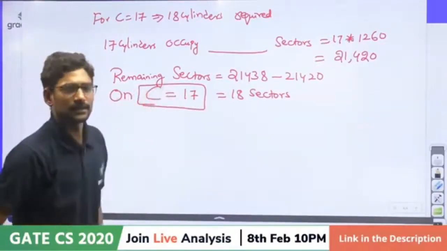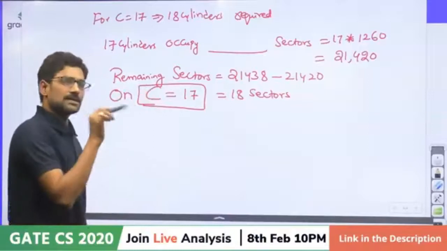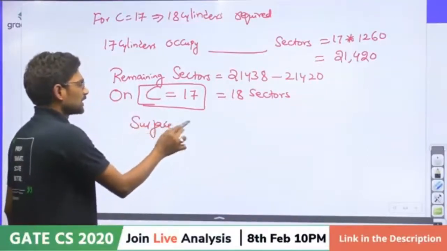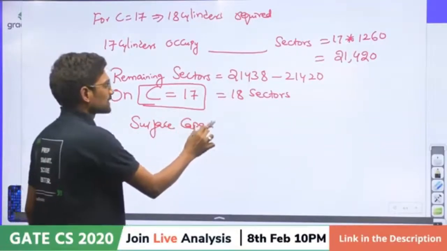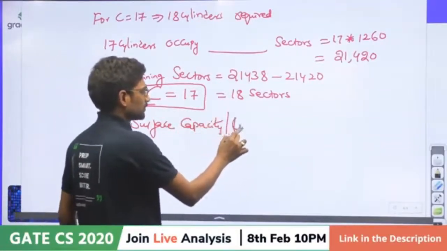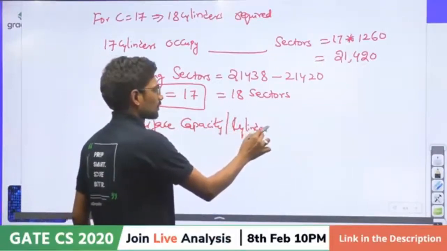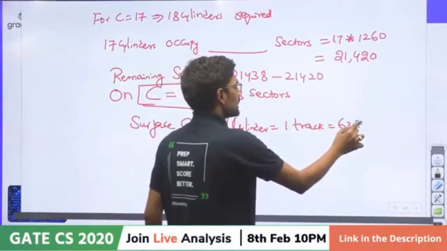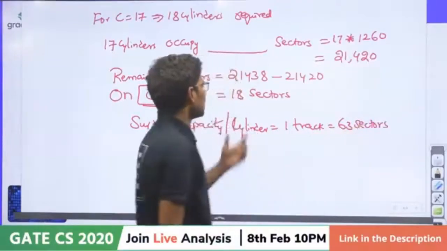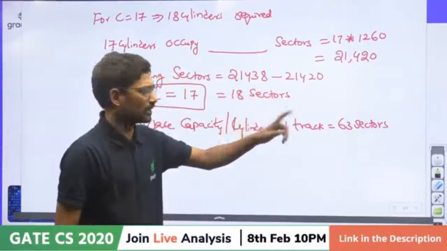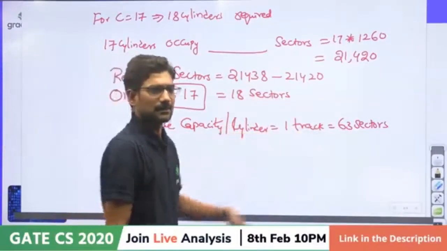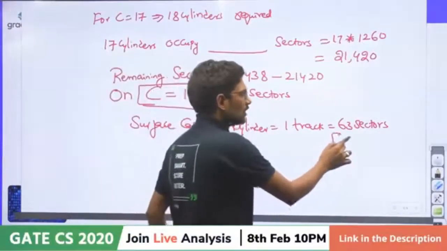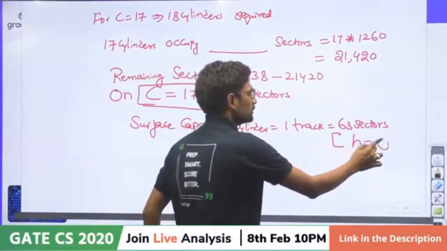On which surface will this be? We know one surface capacity per cylinder is 1 track. One track means 63 sectors. Definitely these 18 sectors would be on the first surface, right? Because 63 is greater than 18. So definitely what would be the H value? 0.